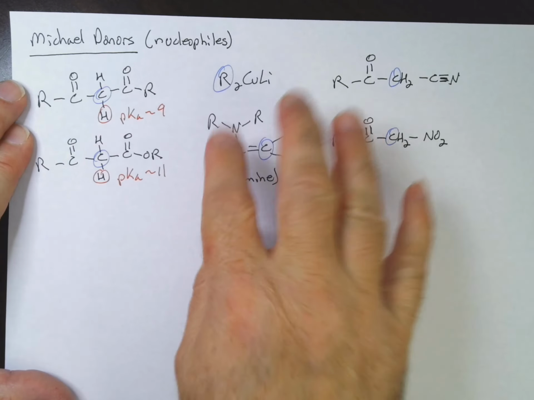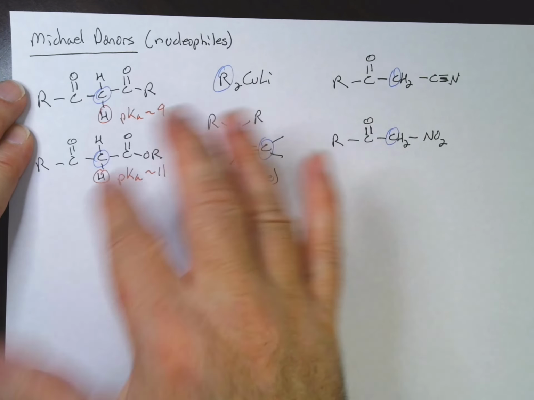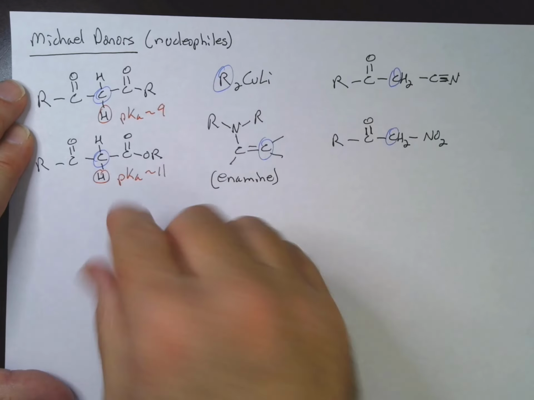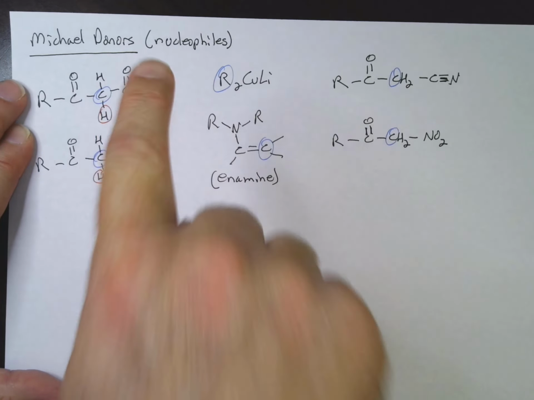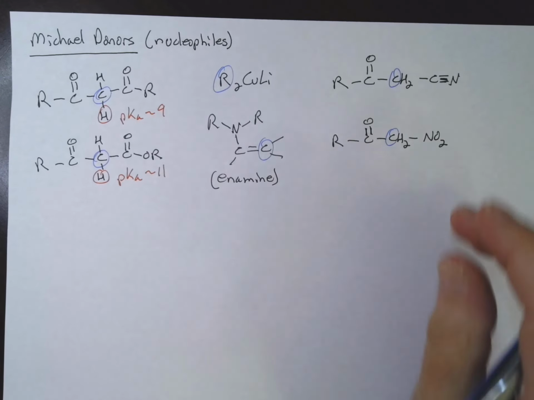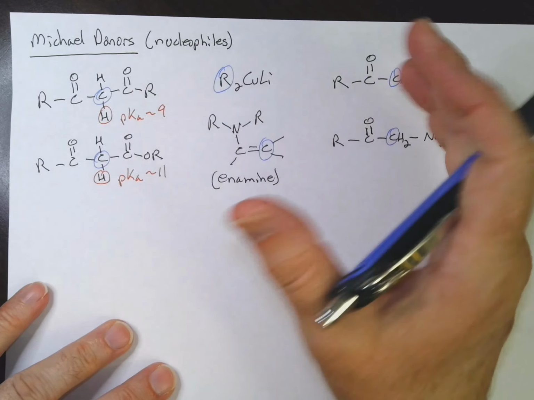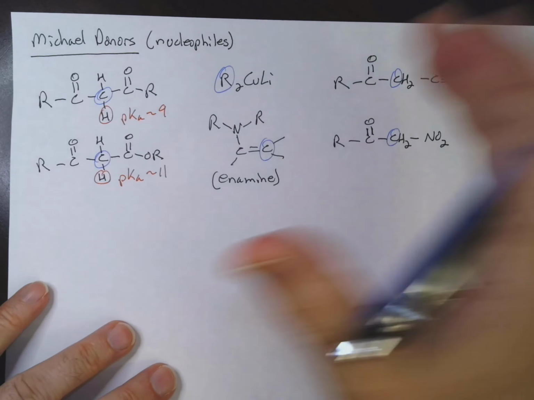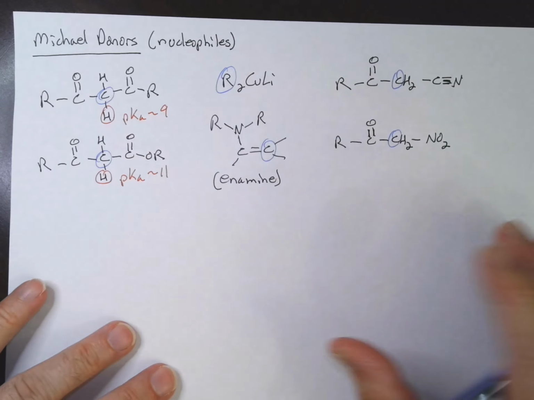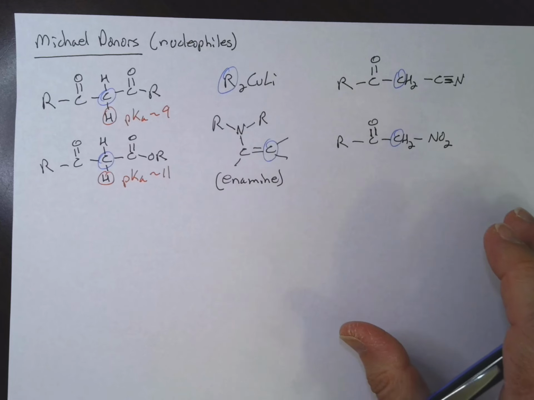But all of these readily form enolates under pretty benign conditions. I mean, sodium hydroxide will turn this into an enolate. And the Gilman reagent you would prepare ahead of time; when you prepare it, you wouldn't have base to generate it.